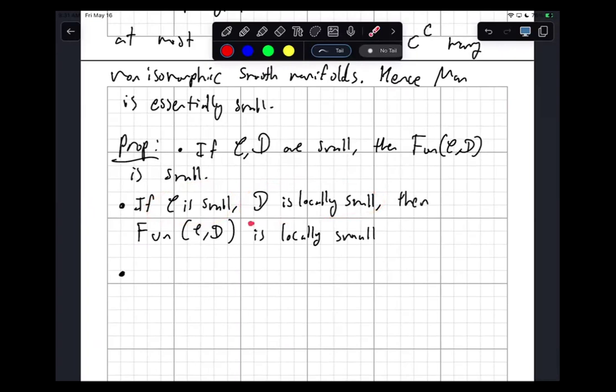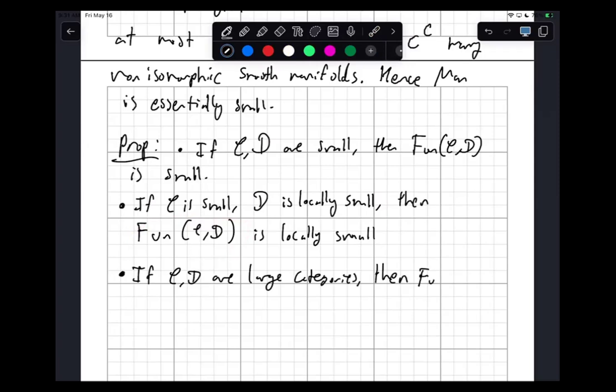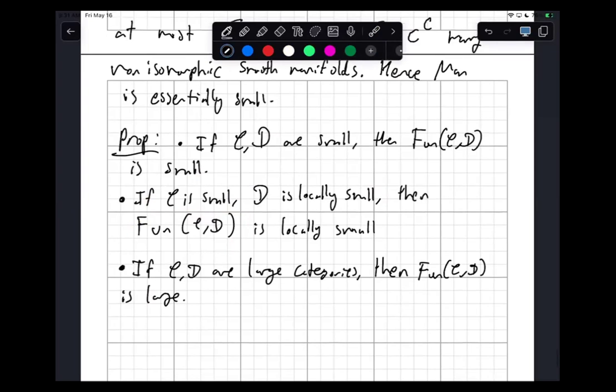So the category of presheaves on any small category is locally small. If C and D are large categories, then by the same argument as the first bullet point, Fun(C, D) is large.